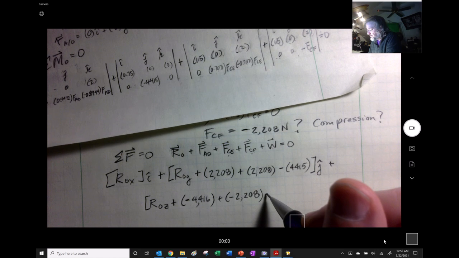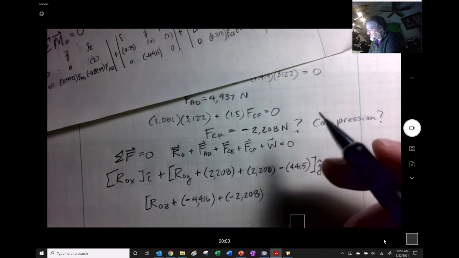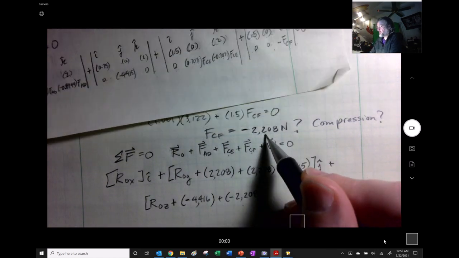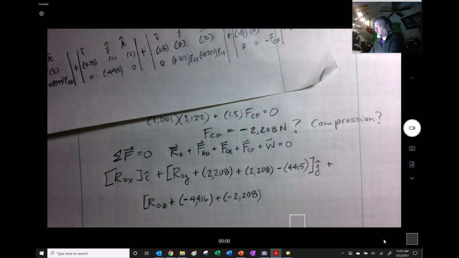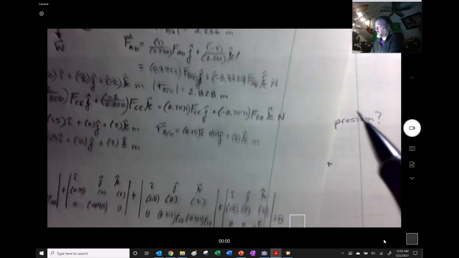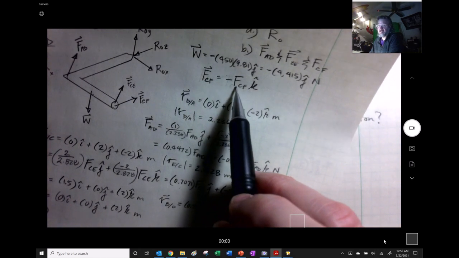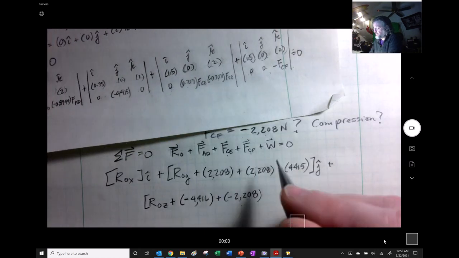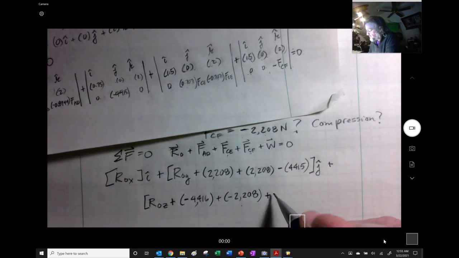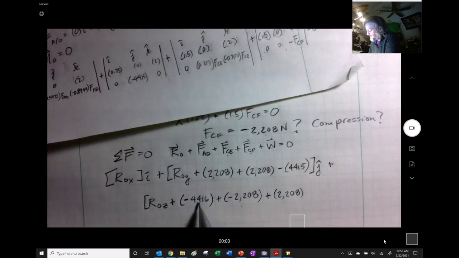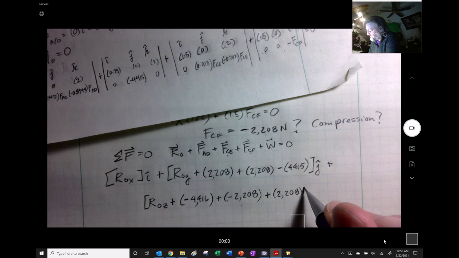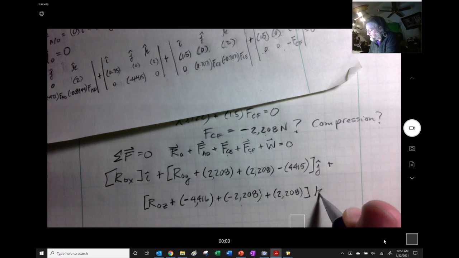And then we have this last guy, and because we got a negative value, we got to put in the positive one for him, right? It would be a positive. So it's going to be plus our 2208, which we recognize is 1/2 of that thing right there, and then there's nothing else.